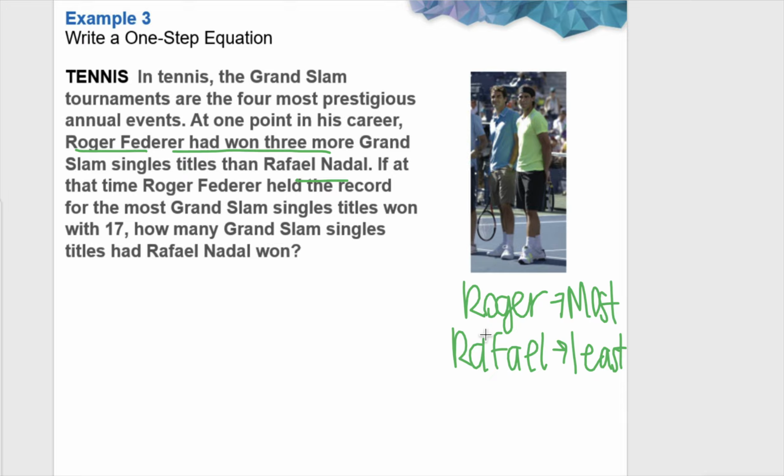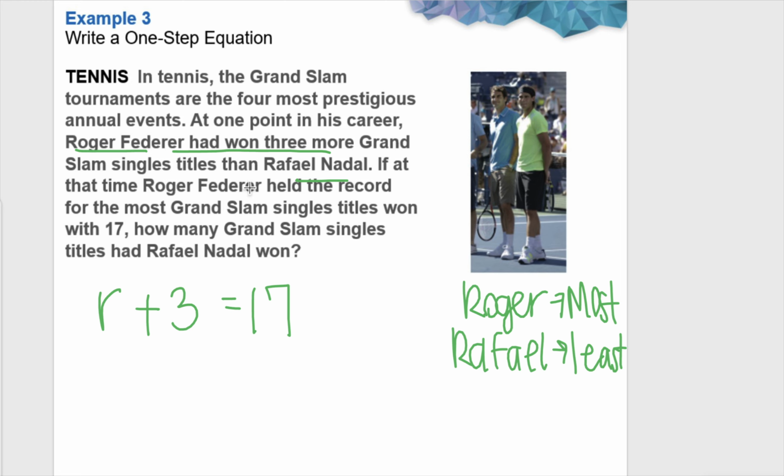So if at the time Roger Federer held the record for the most Grand Slam singles won with 17, how do I figure out how many titles Rafael had won? Remember, Roger had the most, so 17 needs to be the total, whereas Rafael, we'll say R, plus 3, because Roger Federer had won 3 more than Rafael.